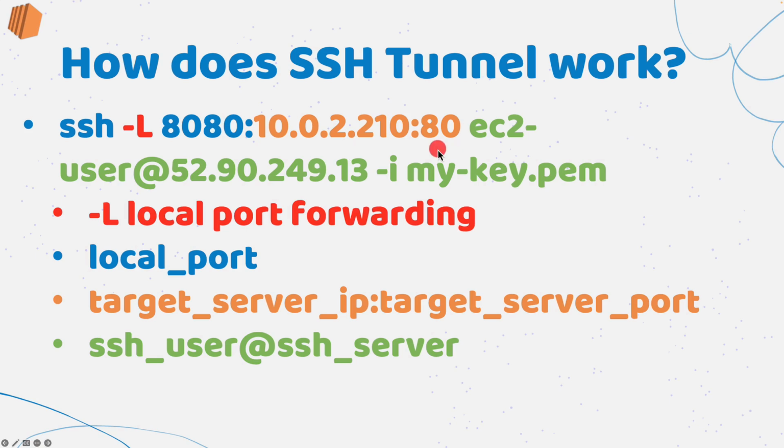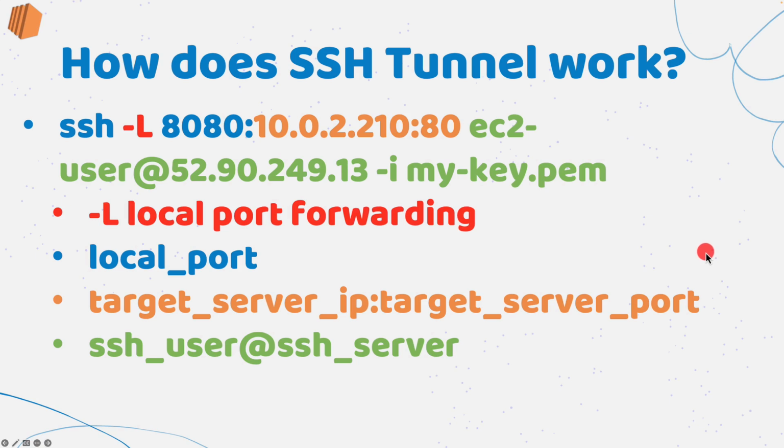The port is on the private web EC2 server that you want to reach, plus the SSH server login information. The SSH username is ec2-user. The IP address is 52.90.2.49, and the login private key. The command forwards local machine port 8080 traffic to the private EC2 web server port 80 using the SSH server tunnel.